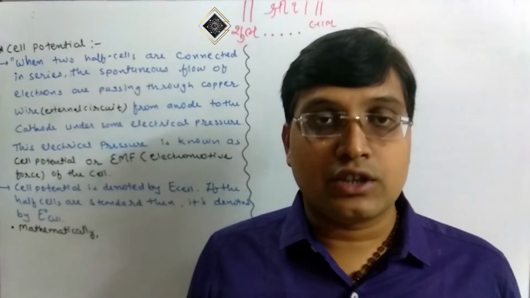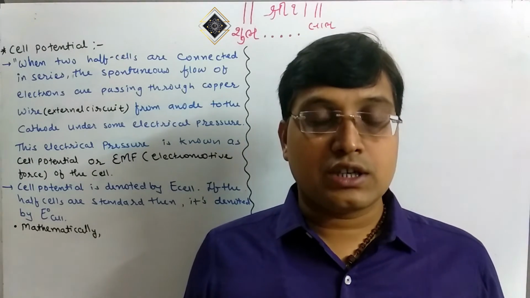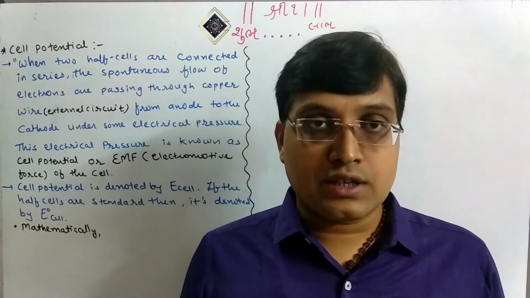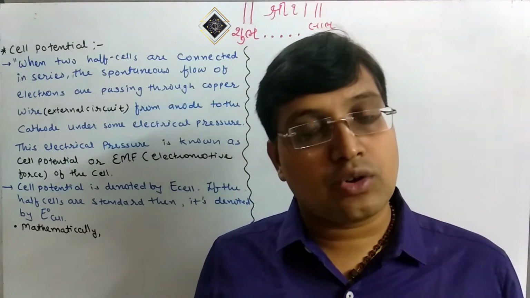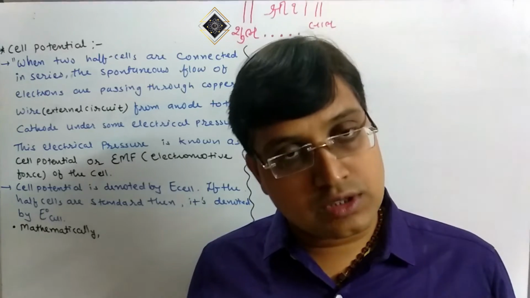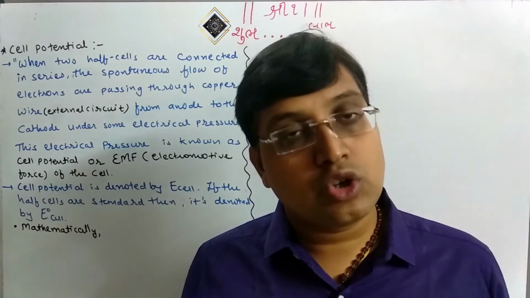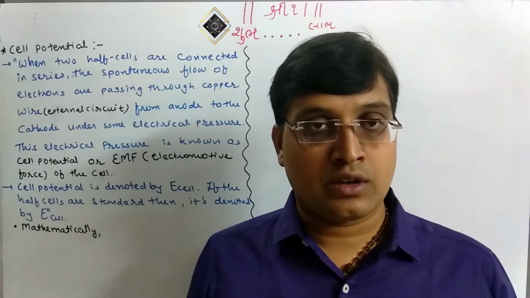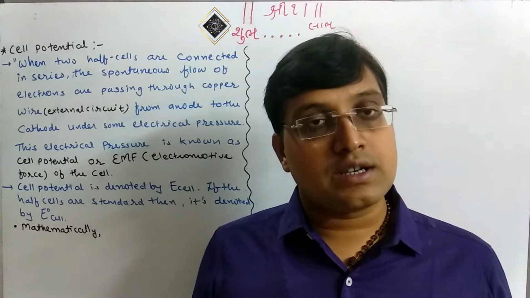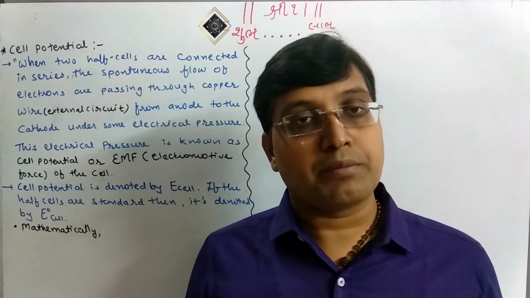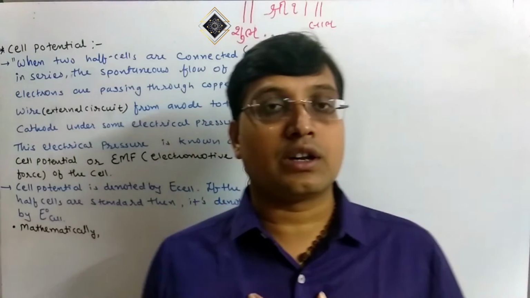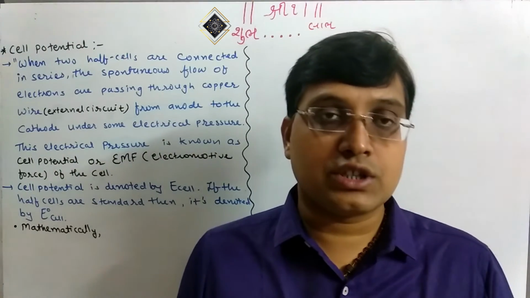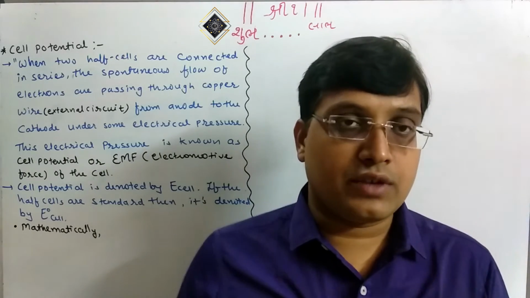Once again, cell potential is the difference of the relative intensity of cathode and anode to lose the electron or to receive the electron. Right? As we discussed, according to the present IUPAC convention, the half reactions are generally written in the form of reduction.